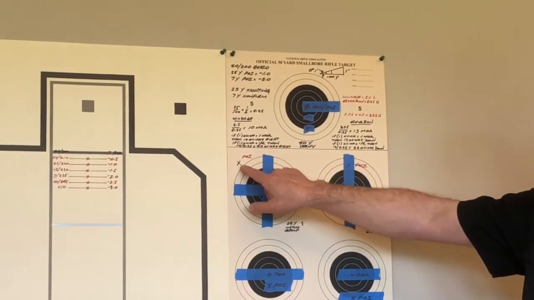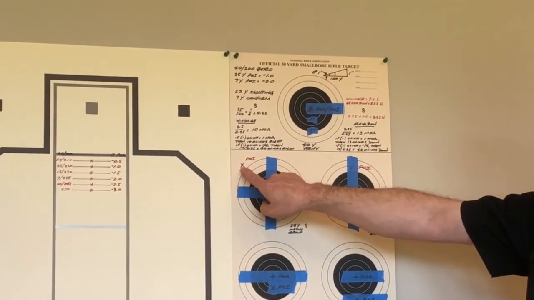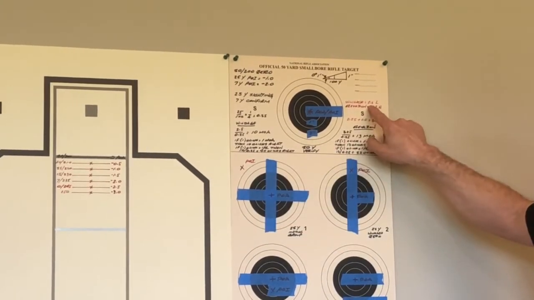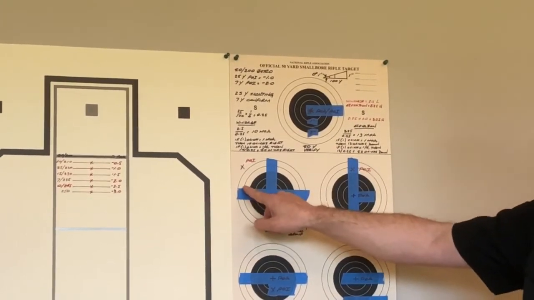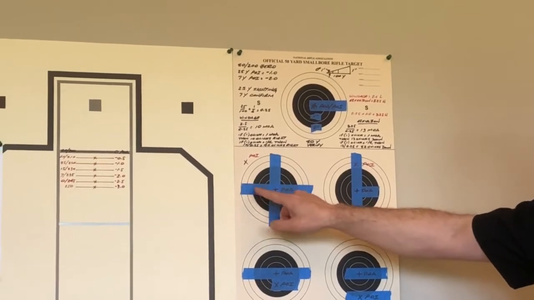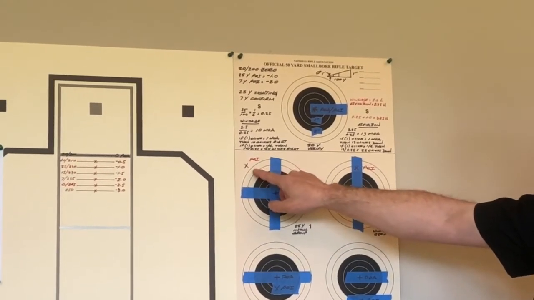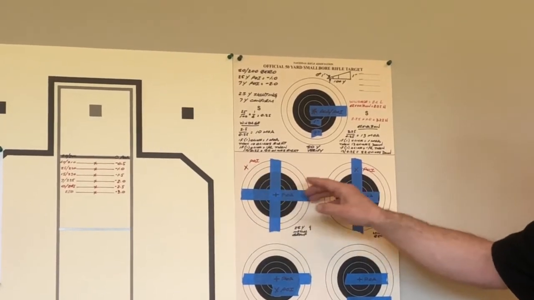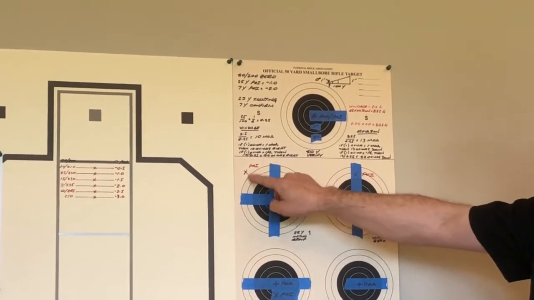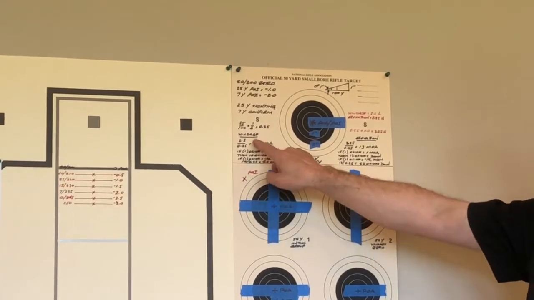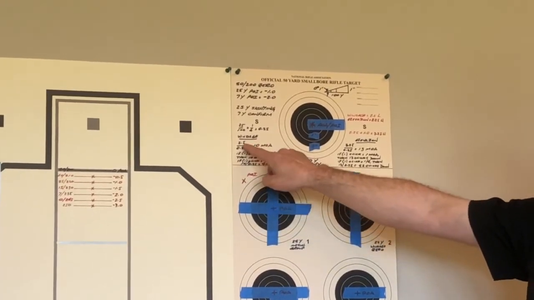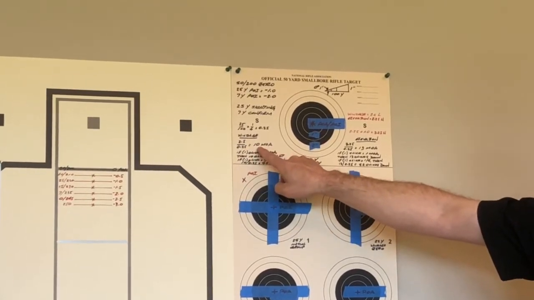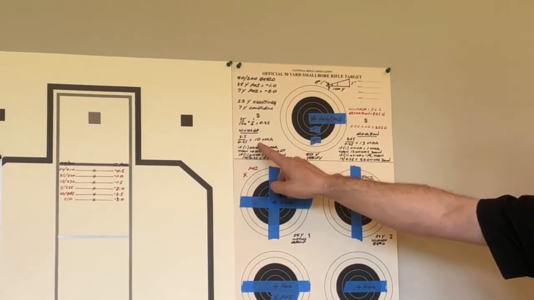For the purpose of this example, my point of impact is out here. My windage is 2½ inches left, and my elevation is 2¼ inches high. First, I'm going to calculate my MOA for windage. So my 2½ inches divided by a quarter is 10 minutes of angle.